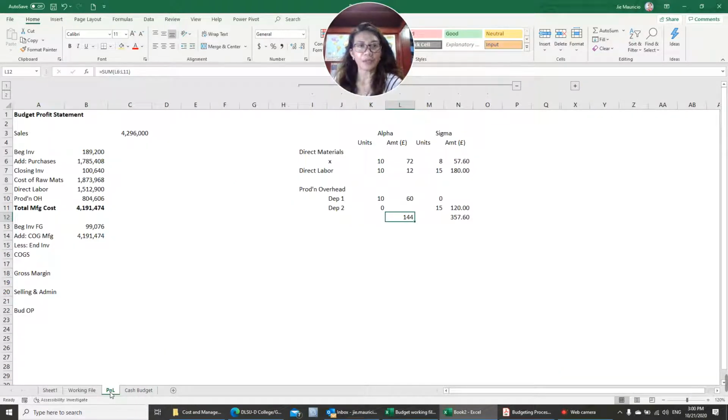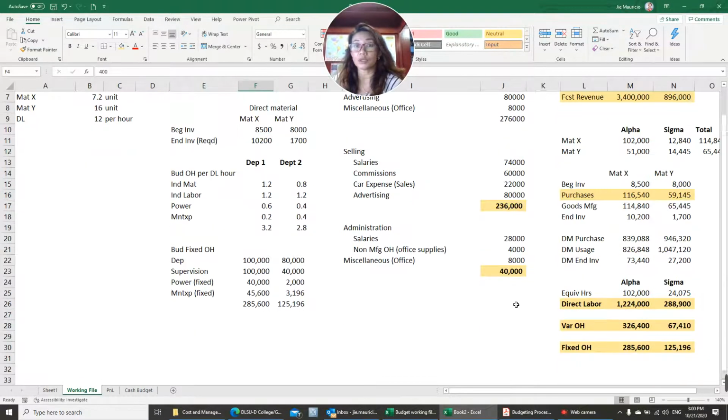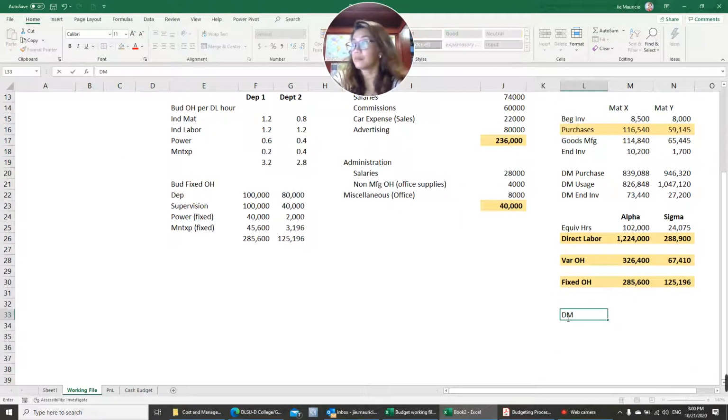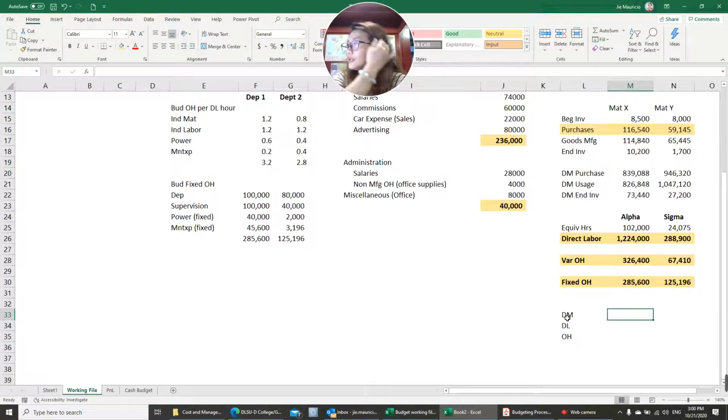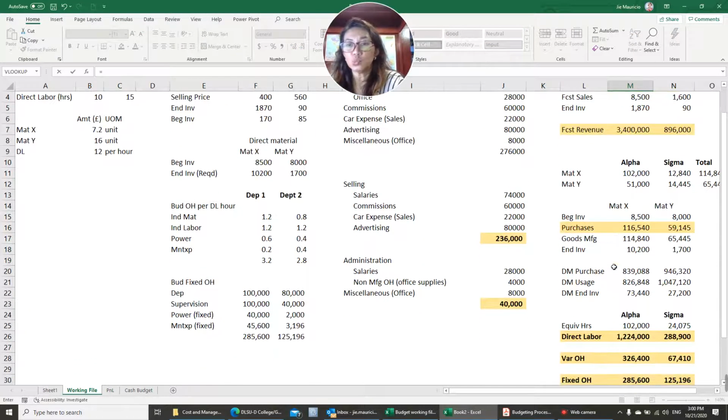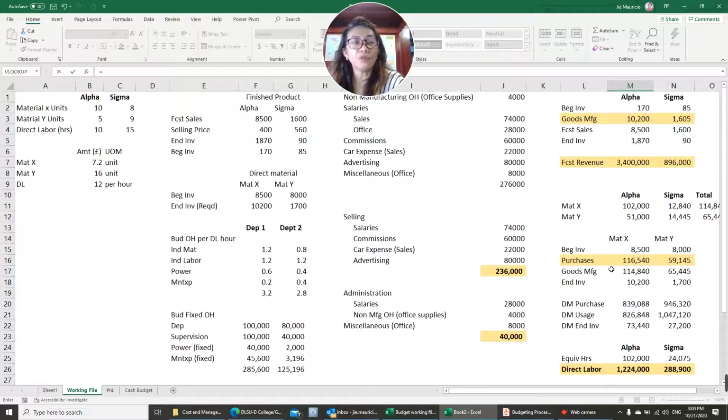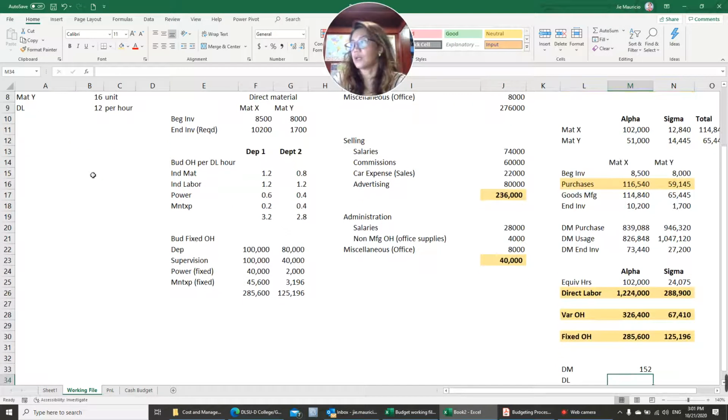Okay. I will have to compute how much is the cost per unit. So I have here direct material, direct labor, overhead. The direct material for alpha: material X times 7.2 plus material Y times 16. So that's your direct material. Sorry, I'm not able to compute this earlier.